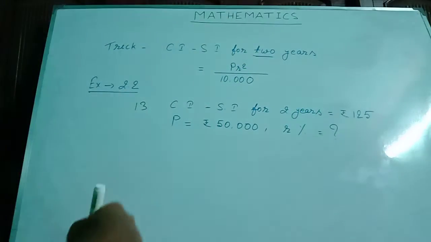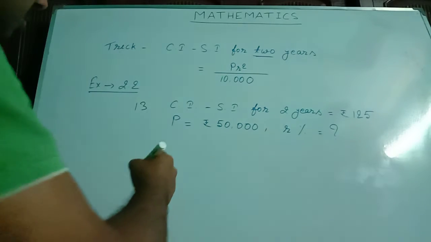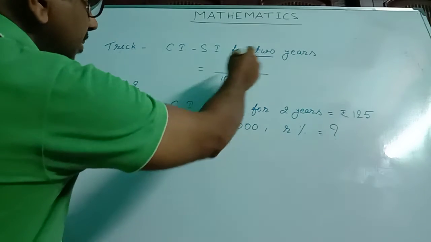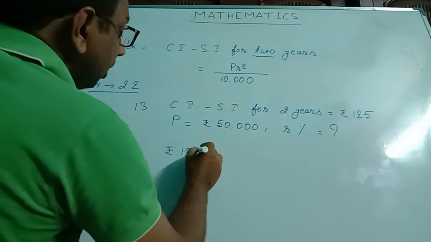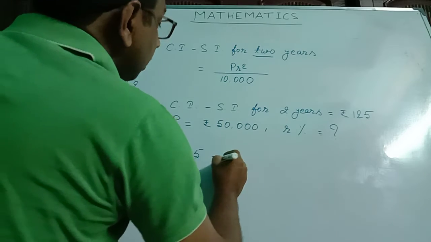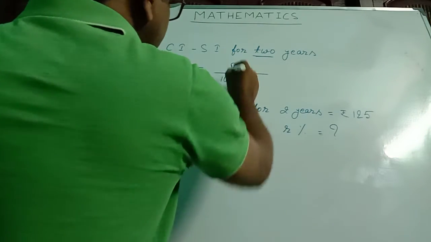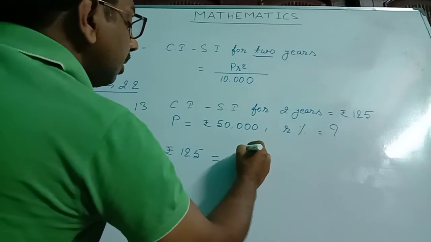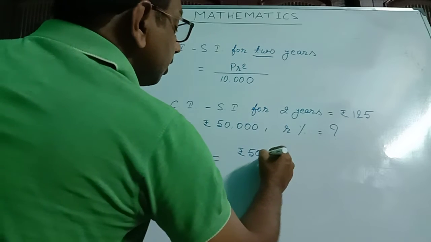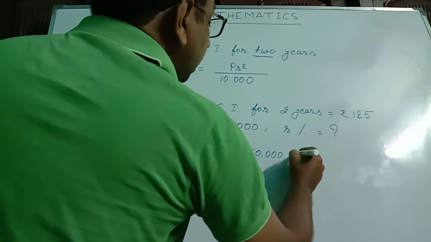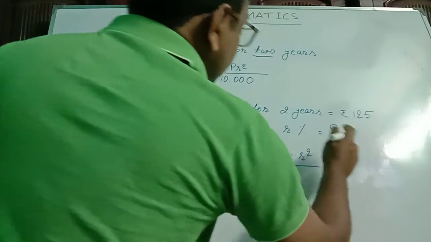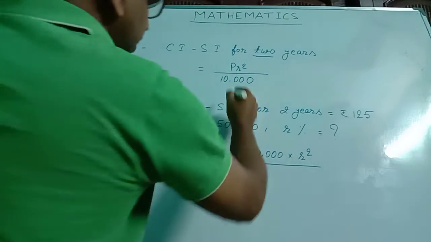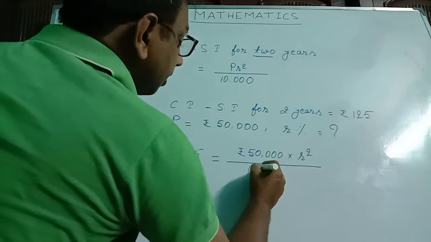We use that formula, CI minus SI for 2 years equal to PR square by 10,000. So here CI minus SI for 2 years is rupees 125, that is equal to P, which is rupees 50,000, and R square, that is not given, we are asked to find out. The denominator is 10,000.